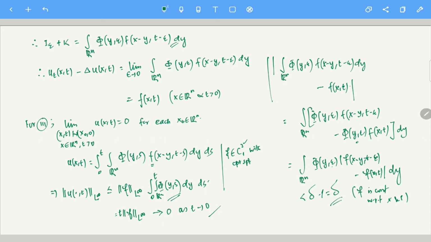So if you want to put it together, let me put the theorem properly. What is the formula then?